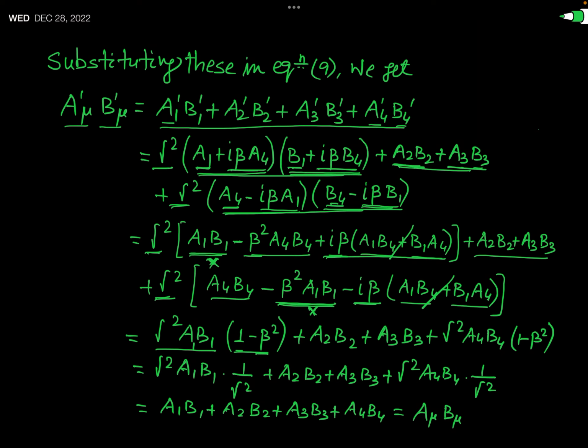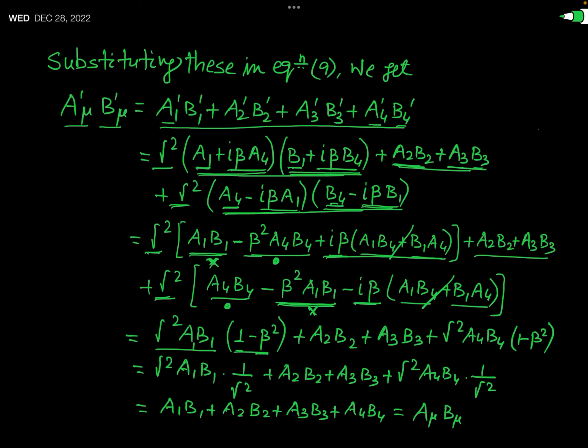Okay. Now again we will associate these two terms, which I am just marking by this dot symbol. You can see the algebra. Here there is minus gamma square beta square A4 B4, and in the second term there is plus gamma square A4 B4.